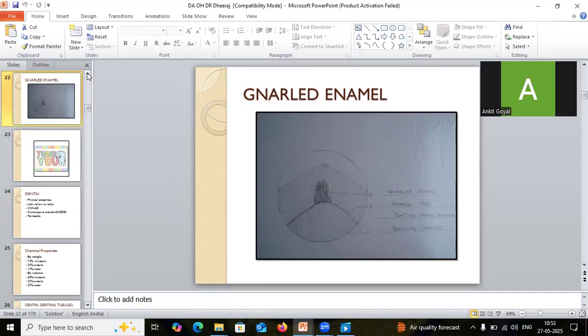Enamel rods follow a wavy or tortuous course as they travel from the dentino-enamel junction towards the outer surface.